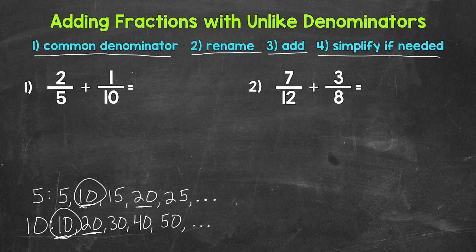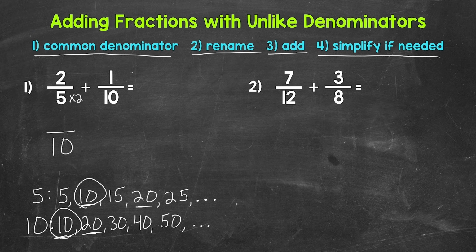So now we need to rename these fractions with that least common denominator of 10. Let's start by renaming 2/5. So we put our denominator of 10, and now we need to think, how do we get that denominator of 5 to equal 10? Well, 5 times 2 gives us 10.